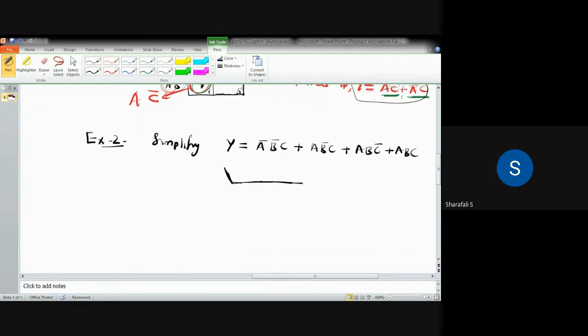So okay, so this is your AB, this is C, will be given as C bar.